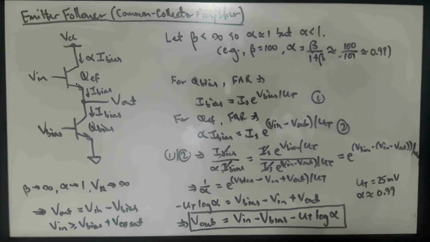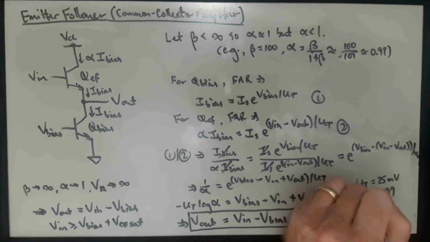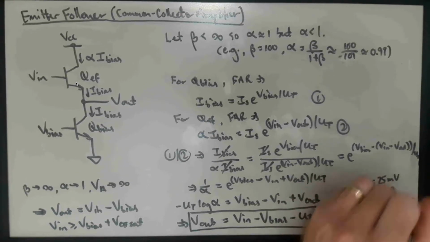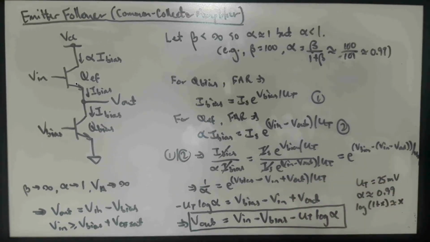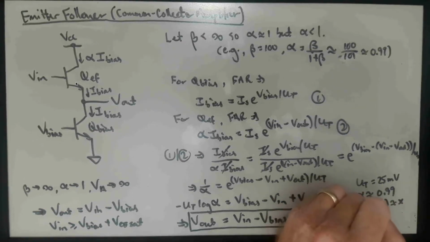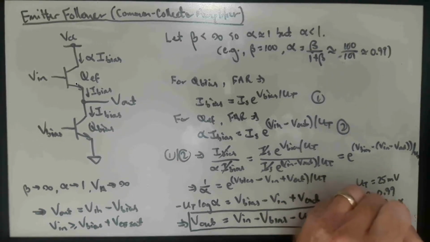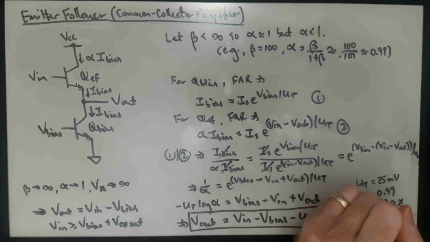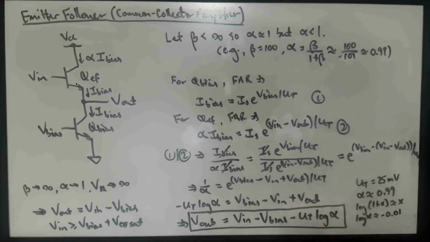So log 1 plus x is approximately x for small x. So log of alpha, where alpha is 0.99, will be minus 0.01. Okay?